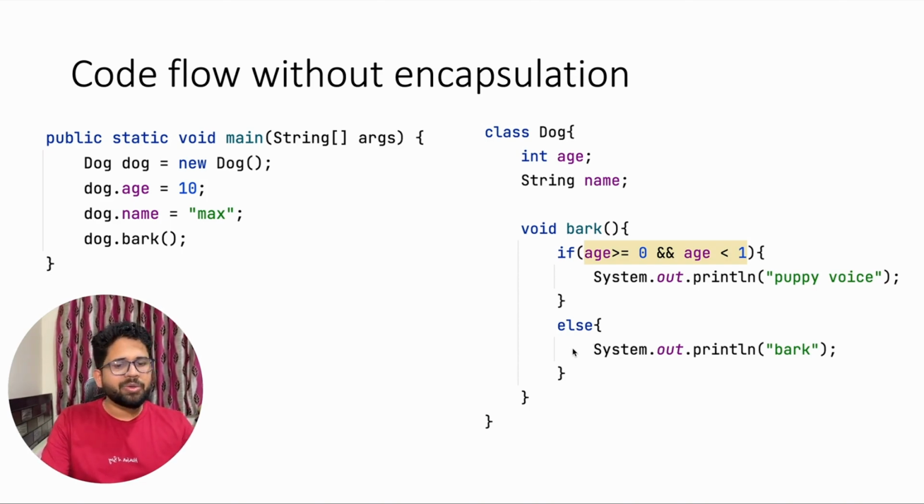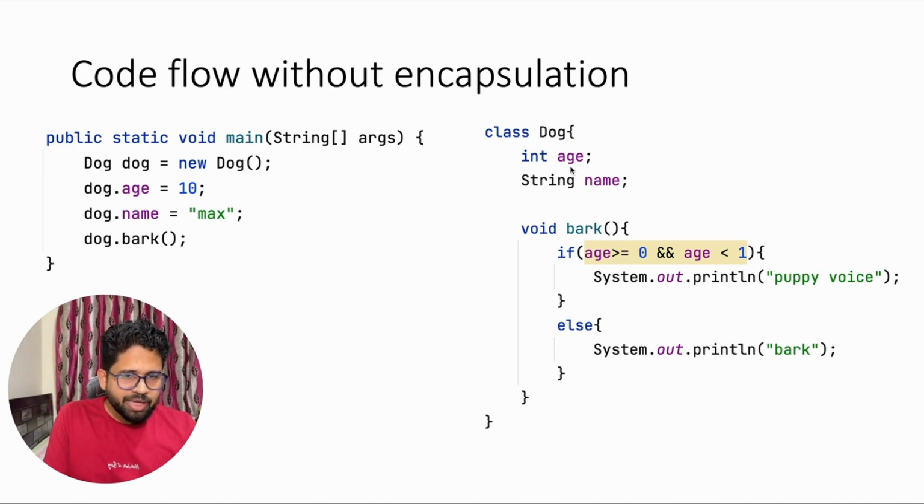So what to do? The responsibility of keeping the state of the class Dog always correct lies with the class Dog itself. So class Dog needs to make the state of the object of the class Dog correct.